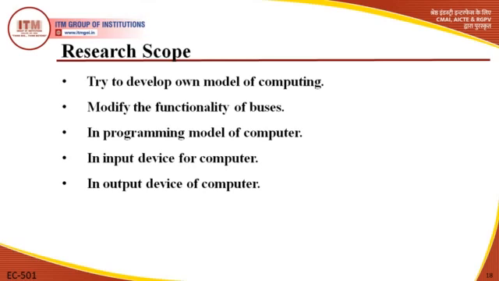Research scope is also possible in input devices for computers: try to design at least a different input device for the computer, and the same for output devices. So these are some research scope.